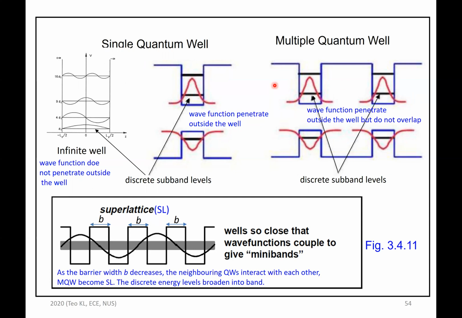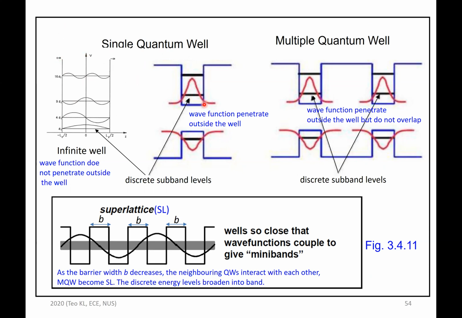For an infinite well, the wave function does not penetrate outside the well. You can see that the wave function is all confined in the well, and the electronic state, which is a discrete subband, is infinite because this goes infinite.